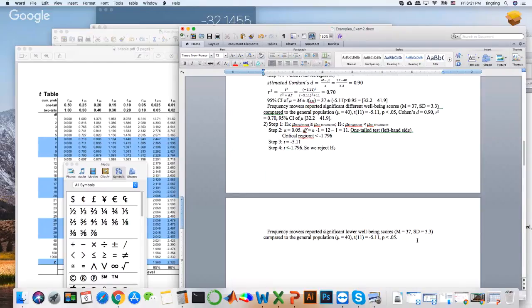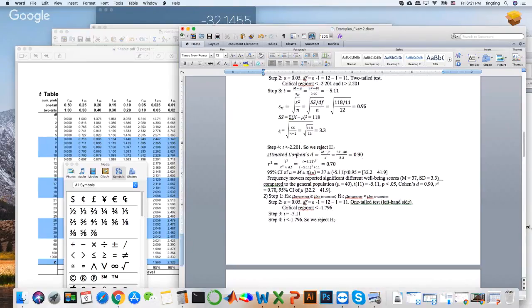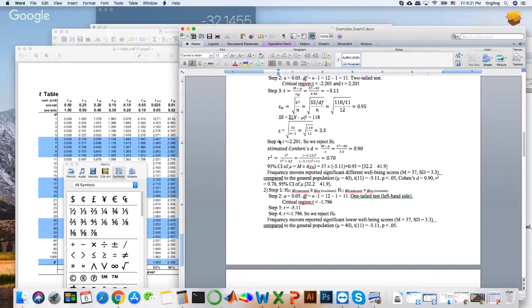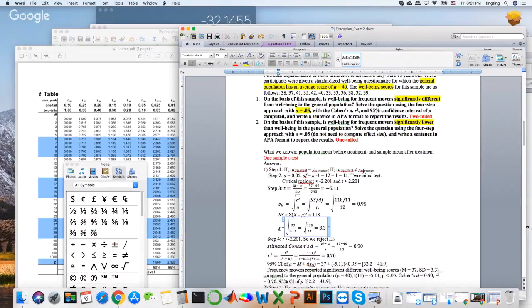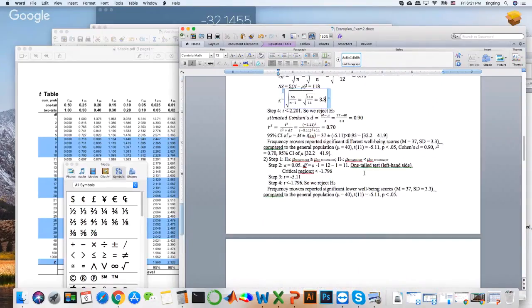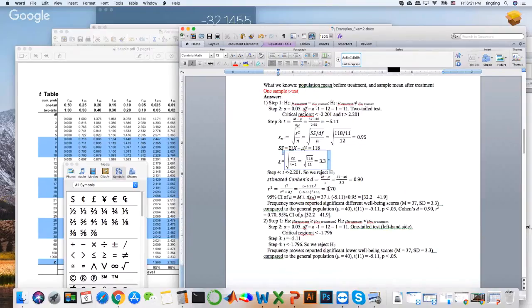That's it. Means we successfully solve these two questions. So here, I hope you know how to solve the one sample t-test question, and you need to write down all of this information. That's what I did for the exam.